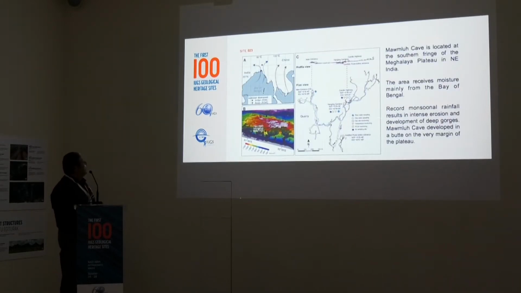Now this is the geographical location. Mawmluh cave is located in the southern fringe of the Meghalayan plateau, and the main moisture comes from the Bay of Bengal. This is the area where we get the largest monsoonal rain in the world, and the cave is situated at the southern edge of the Meghalayan plateau.